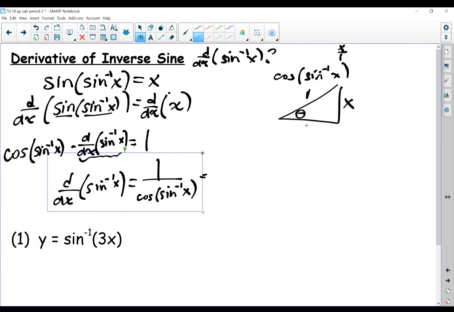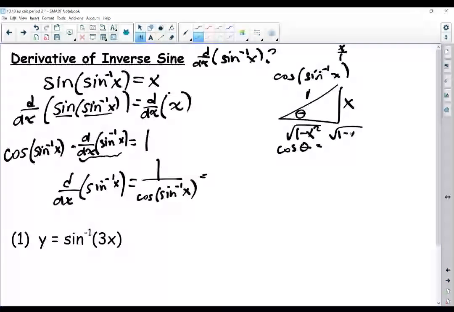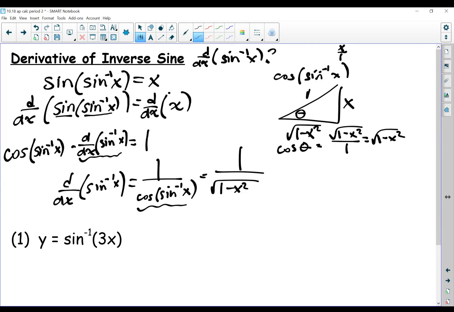Which means I can find the missing side using the Pythagorean theorem. So this would be the square root of 1 minus x squared. And then I can find the cosine of that angle. The cosine of that angle would just be adjacent over hypotenuse, which would just be this. So I can replace that expression with the square root of 1 minus x squared.